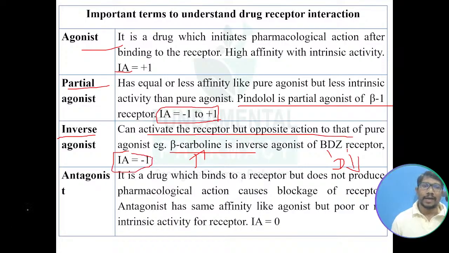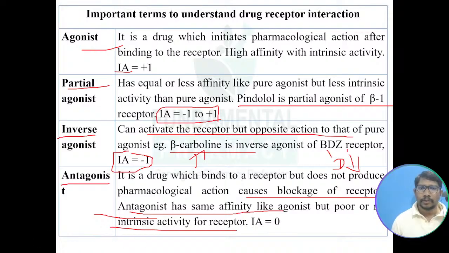Now another term is antagonist. It is a drug that binds with the receptor and causes receptor blockage. It combines with the receptor and blocks it. An antagonist may have the same affinity as the pure agonist but no intrinsic activity for the receptor.